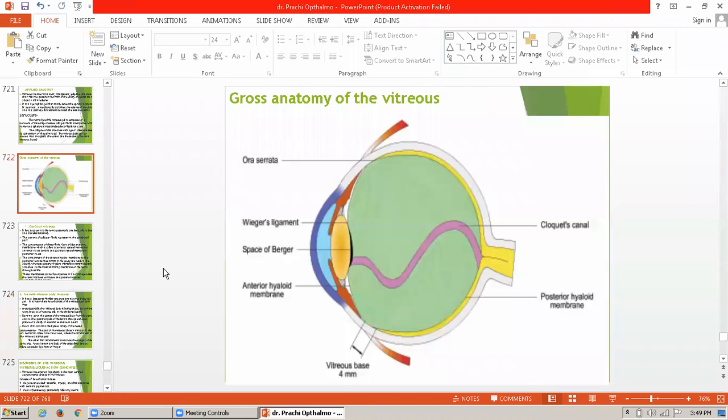So when we see this diagram, this is the ligament where the vitreous is strongly attached to the ora serrata. In this there is a vitreous base.